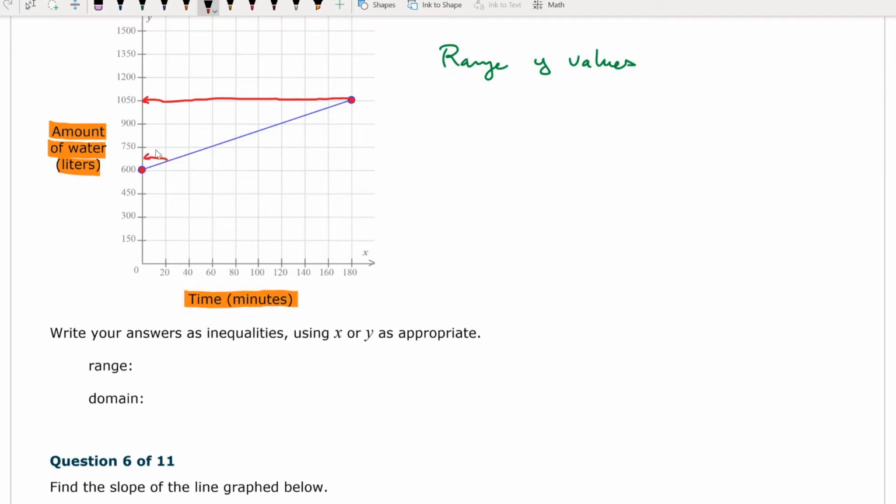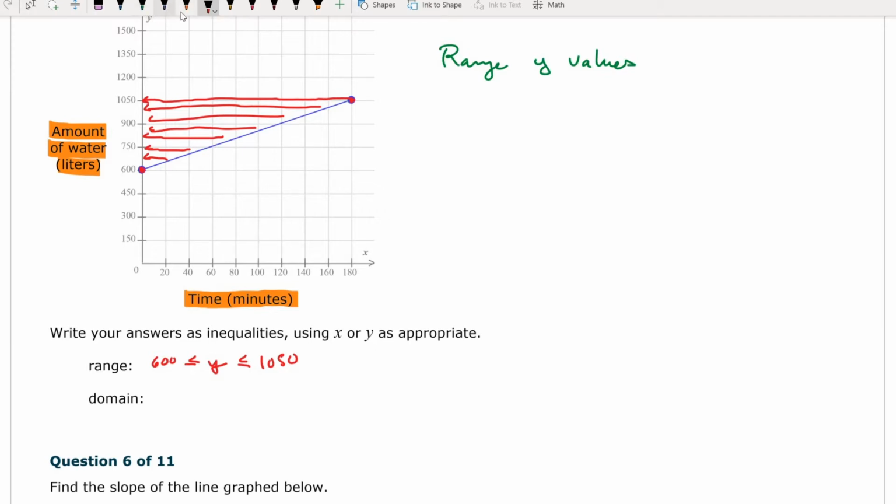Any point on the blue line, you can map it to the y-axis. Because the blue line stops at 180 and 1050, the range is fixed between these two values. So y is between 600 and the furthest, 1050 liters of water.